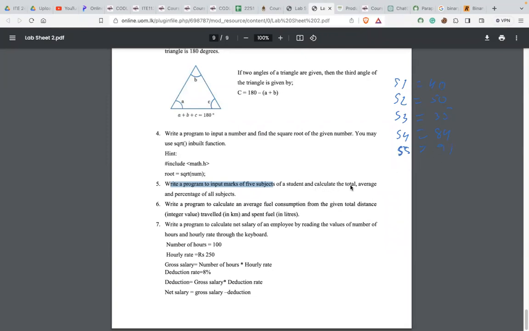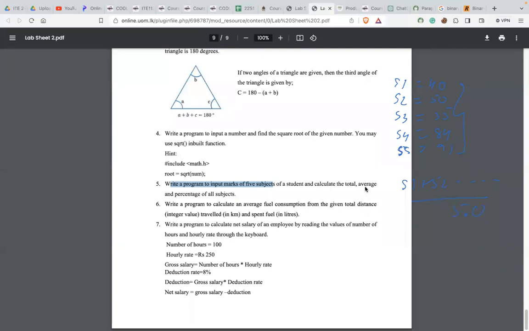Then calculate the total by adding the numbers together. For the average, take S1 plus S2 and so on, divided by 5. If S1, S2 are integers, you need to divide by 5.0, because integer division won't give you the decimal places. If you need the correct decimal value, you need to divide by 5.0.